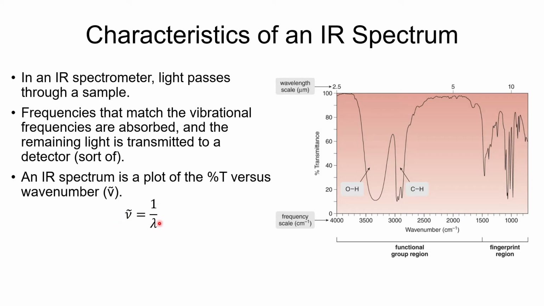If you take whatever the wavelength is, put it in centimeters, and then take 1 over it, you will get these numbers. Now, if you want, you can have just straight up wavelength. These are in micrometers.